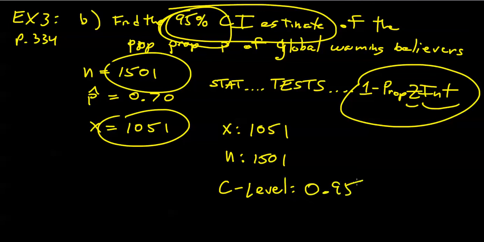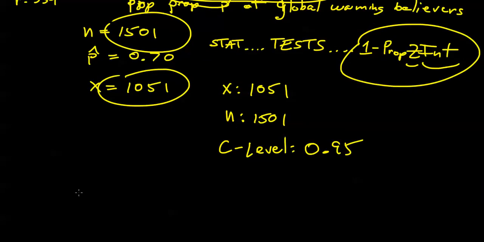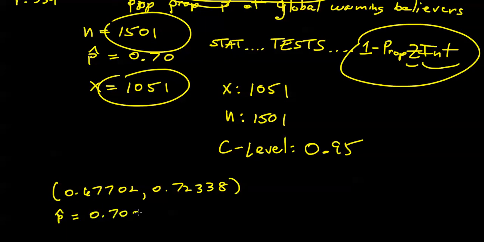And if I punch that out, my calculator returns the following information. So let me write it down. 0.67702, 0.72338. On the top line, it spits out a p-hat value of 0.7001.